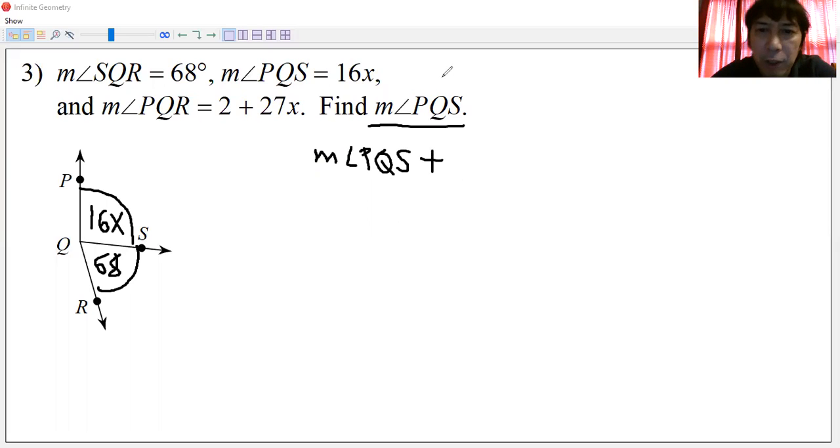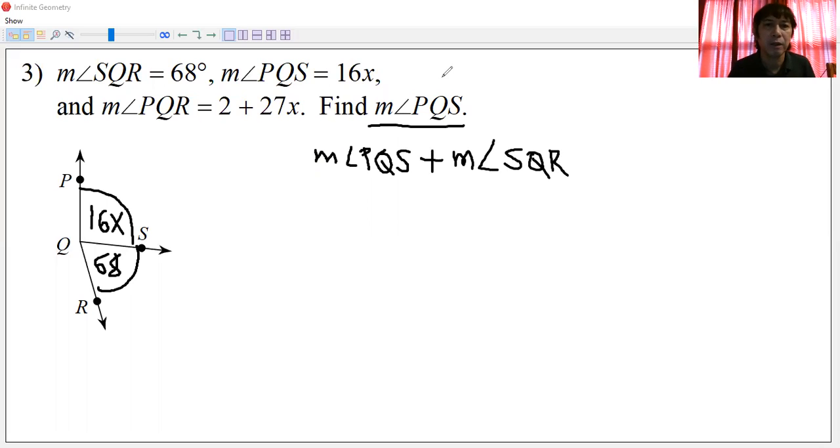Okay, the measure of the SQR. So this is measure angle SQR there. Okay, that's angle SQR. All right, this is equal to the total, and the total is PQR. All right, this is PQR.